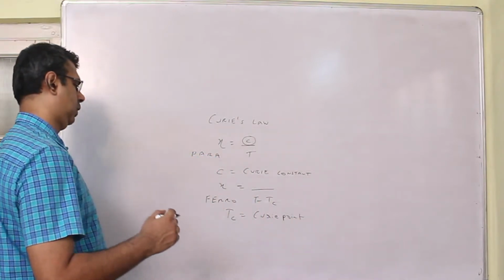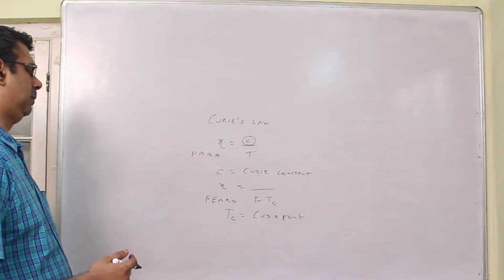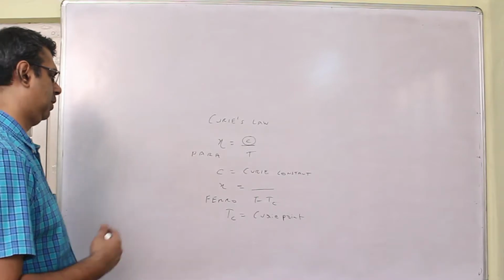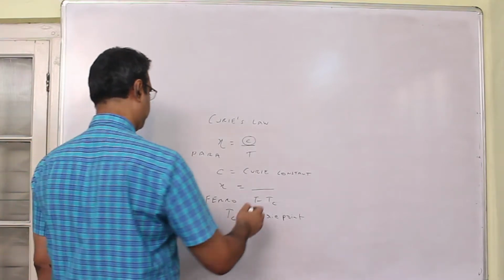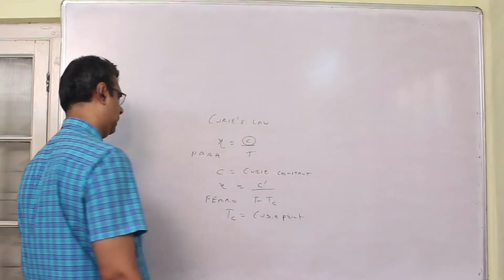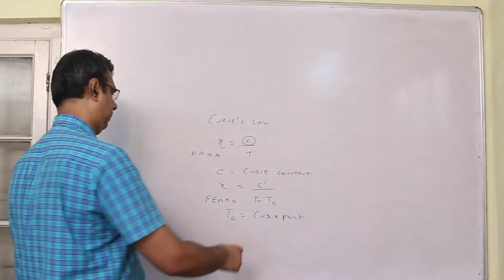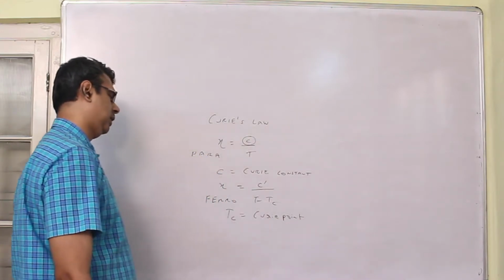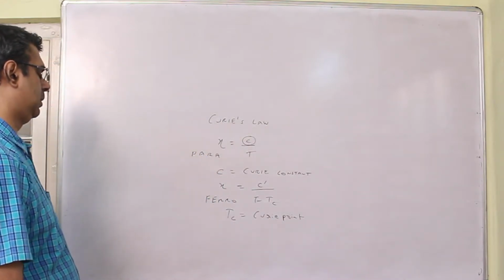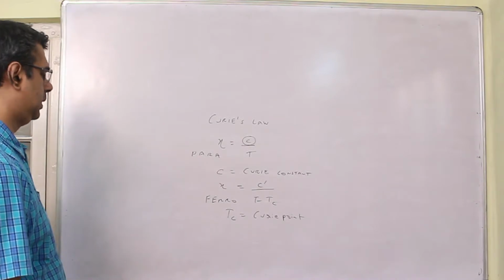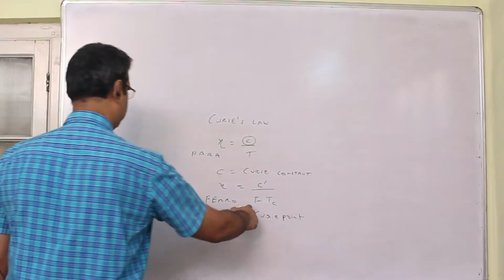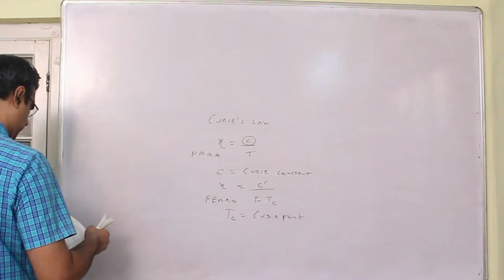After crossing the Curie point temperature, the substance changes from ferromagnetic to paramagnetic, and after that the susceptibility is inversely proportional to the excess temperature over the Curie point. So for a ferromagnetic substance, susceptibility is inversely proportional to T minus the Curie point.